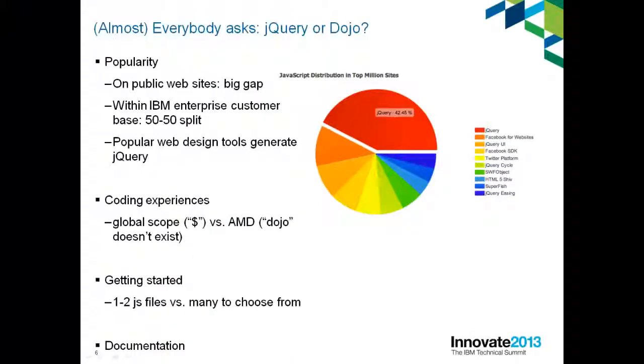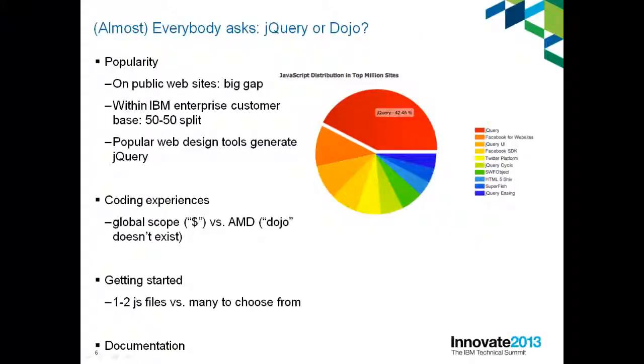When we actually ask our customers in conferences, do you use jQuery or do you use Dojo? You get a very different distribution. It's 50-50. 50% of our customers use jQuery, the other 50% use Dojo. And for Sencha, a small fraction of customers use Sencha. So why is this big difference between open web and enterprise?